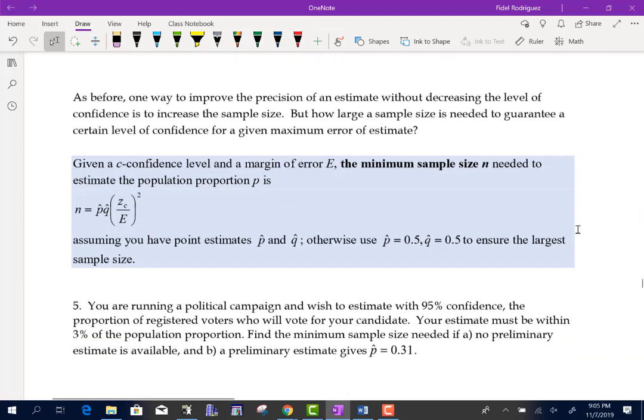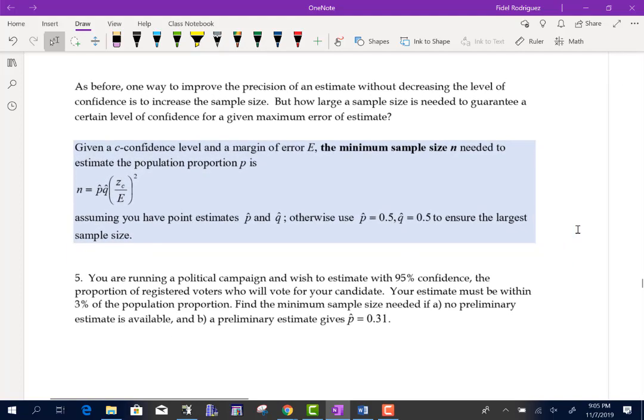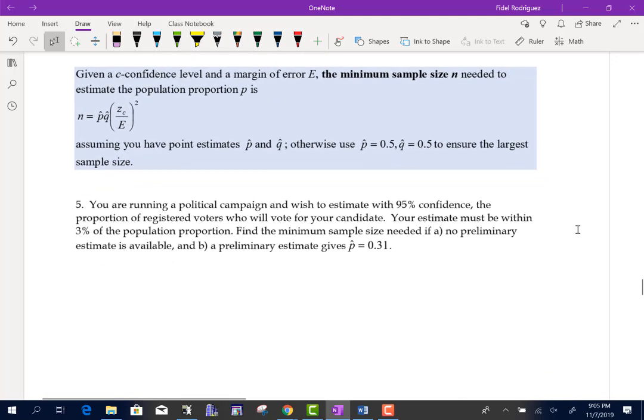Okay, so guys, the last part here, it says, as before, one way to improve the precision of an estimate without decreasing the level of confidence is to increase the sample size. But how large a sample size is needed to guarantee a certain level of confidence for a given maximum error of estimate? Quién sabe, but there's a formula right here for us. So we're going to go ahead and use that one. So let me highlight my formula right here.